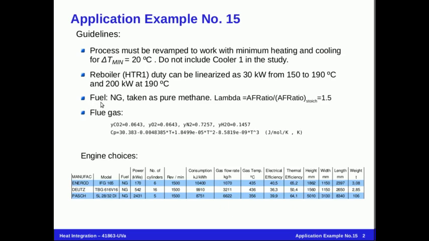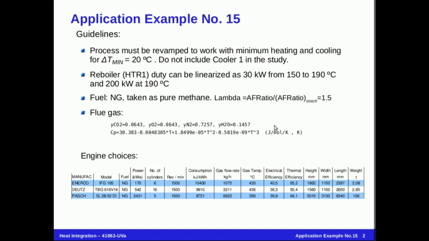Also, as fuel, we're going to use natural gas that can be taken as pure methane with a combustion ratio to air, to the stoichiometric air, of 1.5. It is using 50% more air than the stoichiometric.